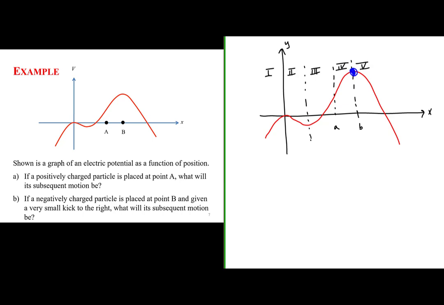And the question is, if that negative charge is given a very small kick to the right, what will its subsequent motion be? So right now, before we do anything, the electric charge is just sitting there. It is right at the top of the hill. It is in equilibrium for all intents and purposes, but it's in unstable equilibrium.